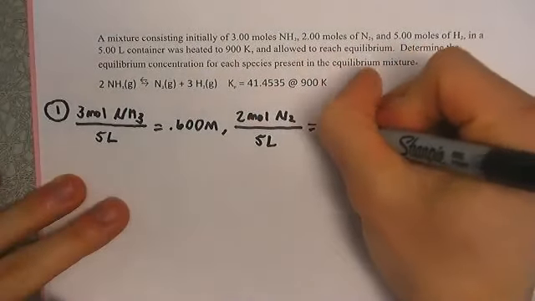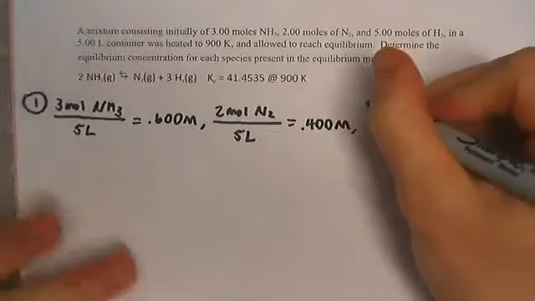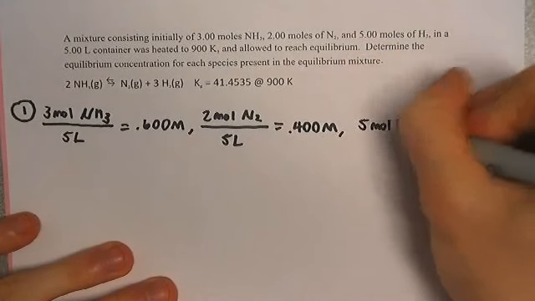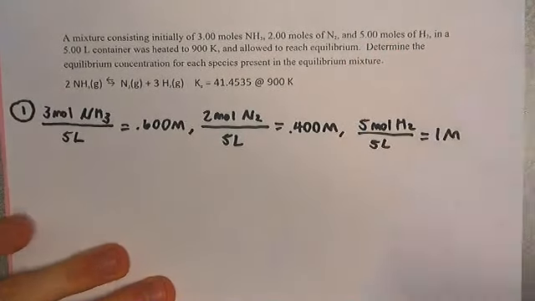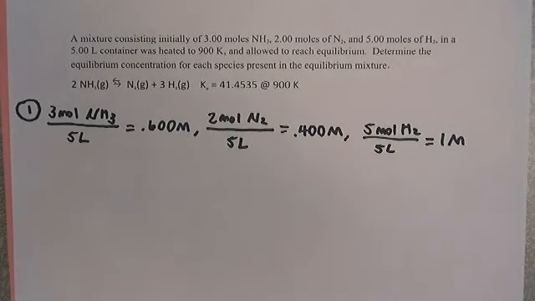That would be 0.4 molar. And then we have 5 moles of hydrogen in 5 liters. That would be 1 molar. I'm just converting everything to molarity using moles divided by liters. That's a concentration unit. We learned those in unit 1.